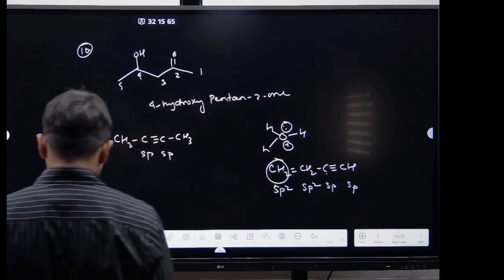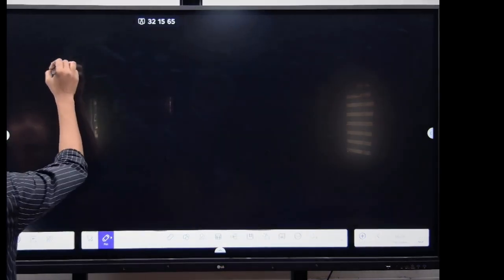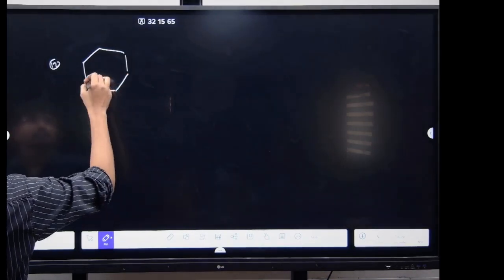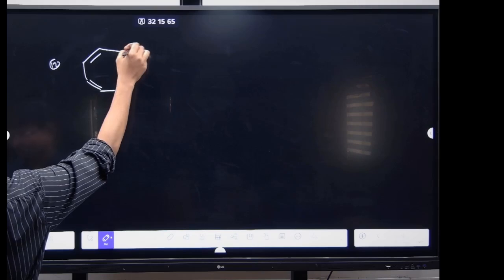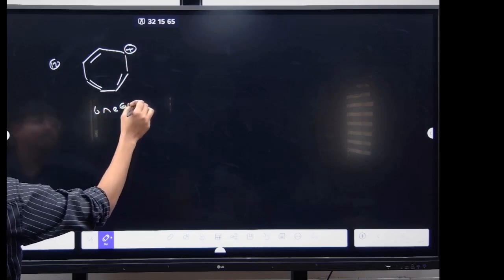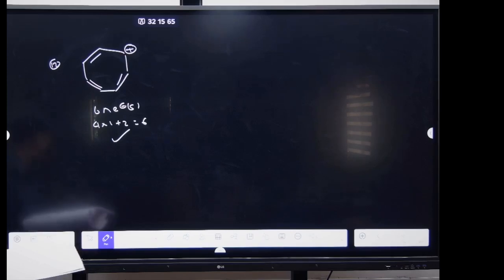If I'm looking at 12, first one is the example of an aromatic compound, right? Clear? 6 pi electrons are there, that is 4 into 1 plus 2, that is 6. So it is the aromatic one.